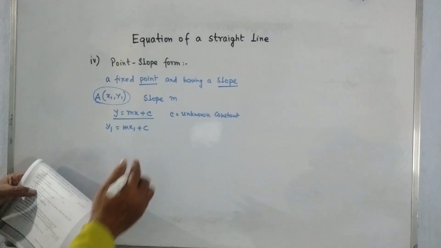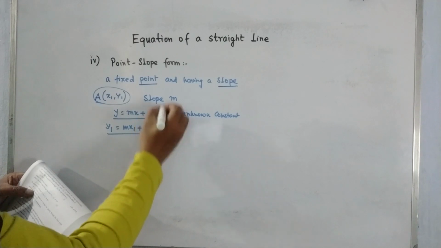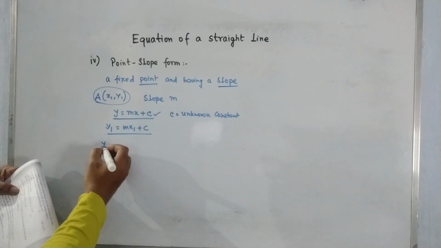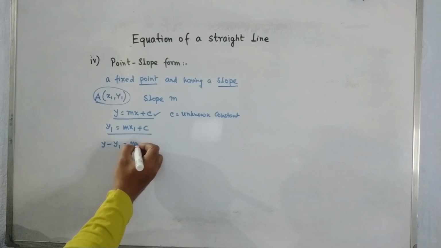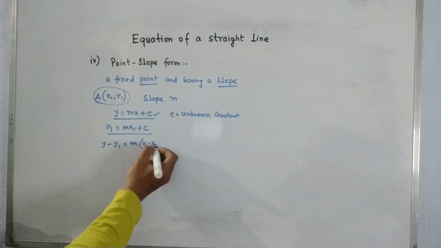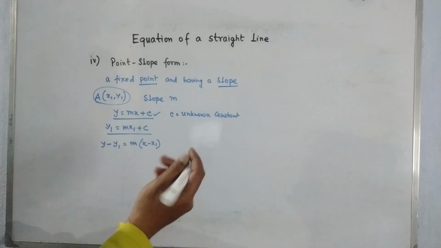Now we are subtracting this equation from this. So we have y minus y1 equals m into x minus x1, and c minus c is just cancelling out.